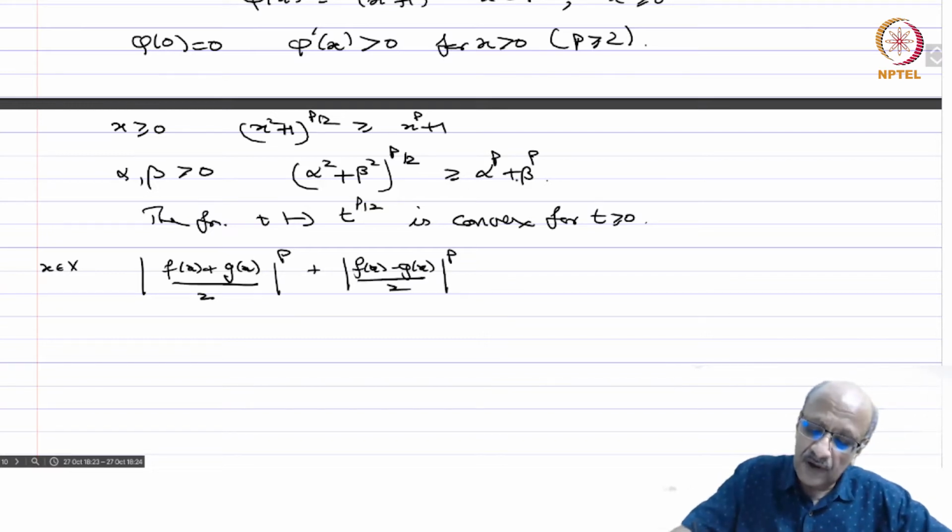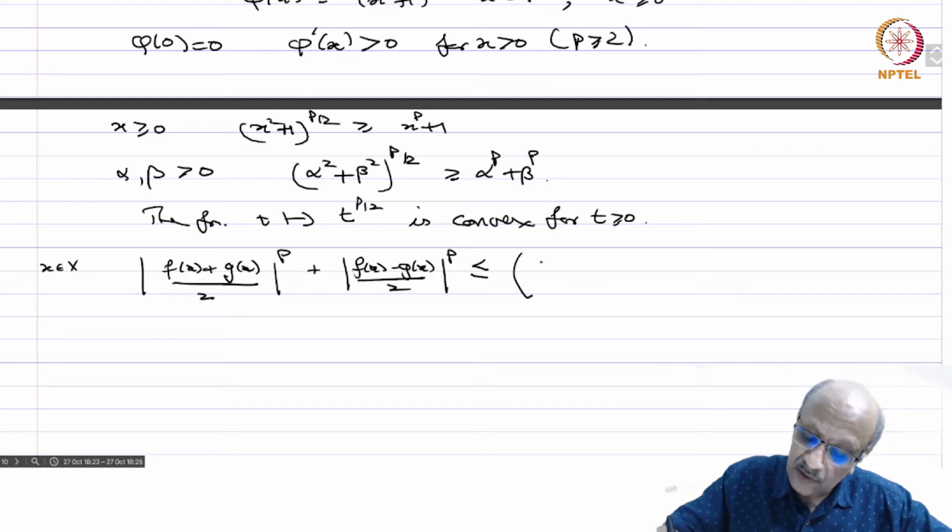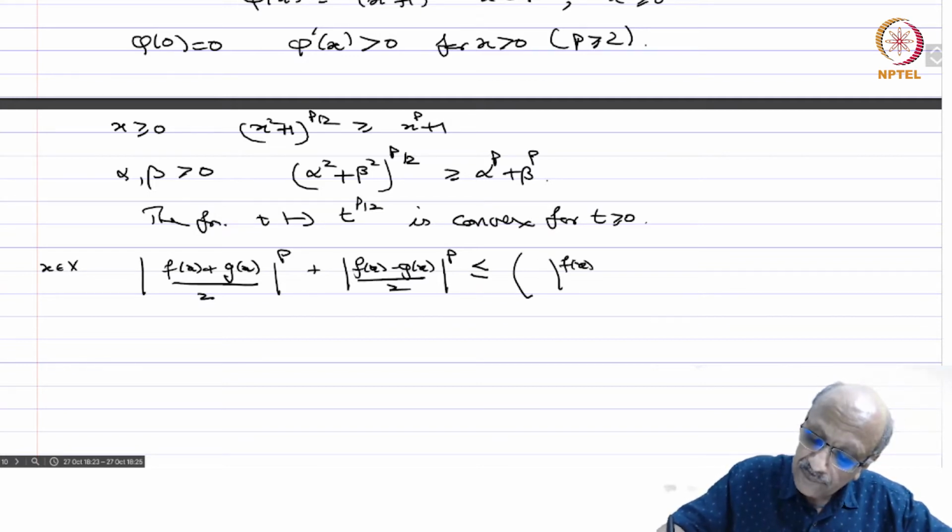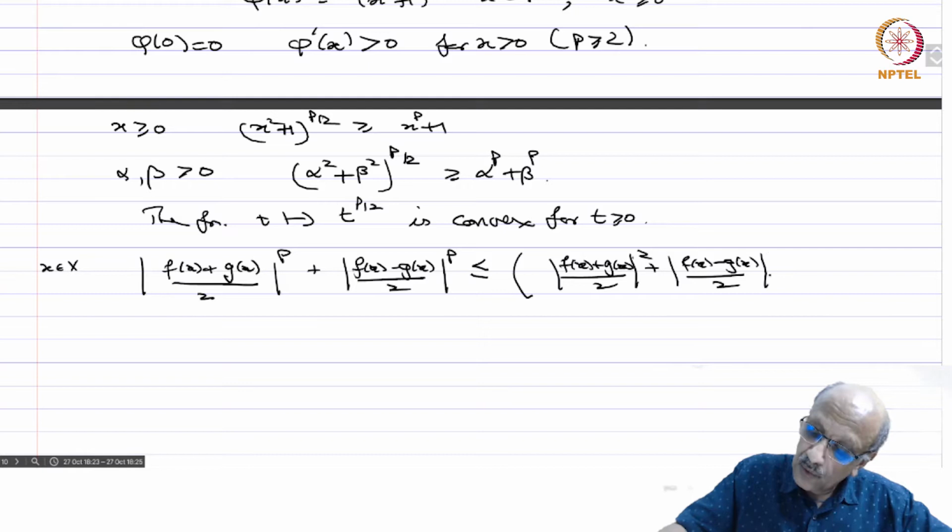So this is alpha to the power p plus beta to the power p. So that is less than or equal to (alpha squared plus beta squared) to the p by 2. So that is (|f(x)+g(x)|/2) whole squared plus (|f(x)-g(x)|/2) whole squared, to the power of p by 2.